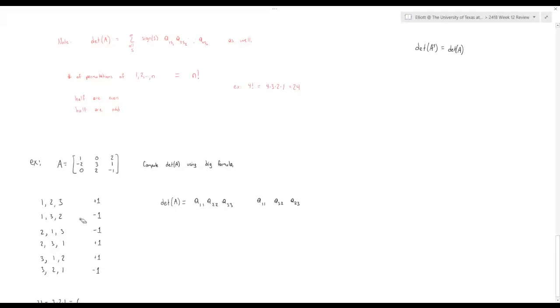And this one was an odd permutation, so we're going to be subtracting those. Next we have 2, 1, 3, and it's going to be minus. So 2, 1, 3, 1, 2, 3. Next is 2, 3, 1. It'll be plus.